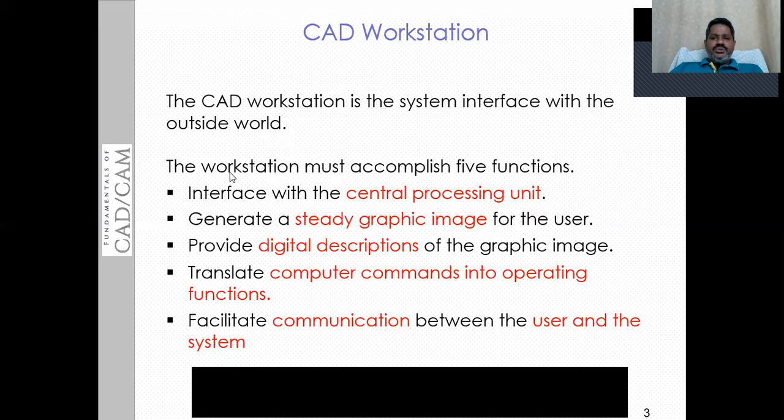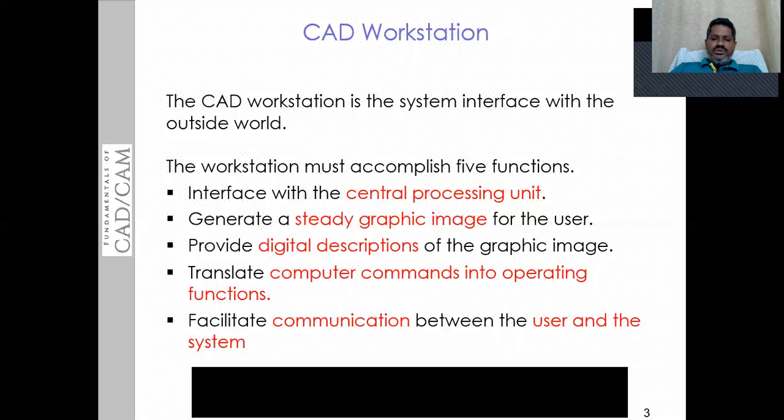The objective of the CAD workstation is that it must be able to interface. It must have the central processing unit. I mean, the workstation must interact with the central processing unit. The central processing unit is a device used to process all the data, just like the unit in a computer or a computing machine.